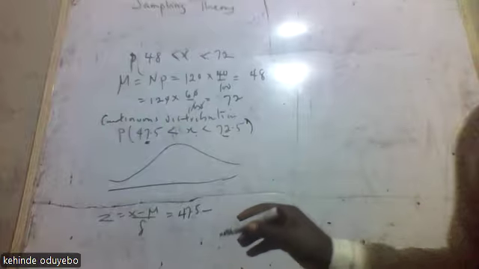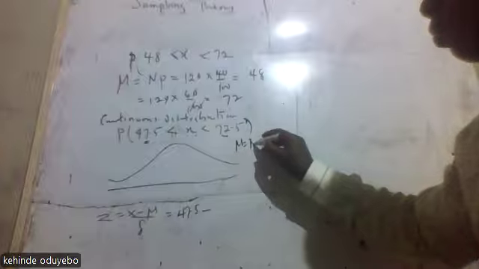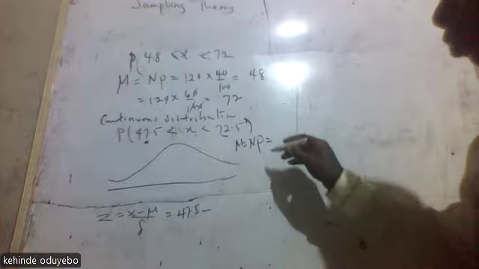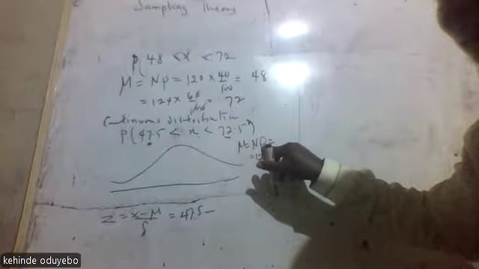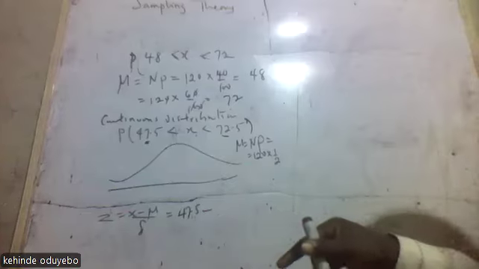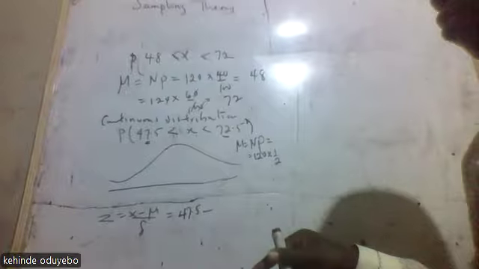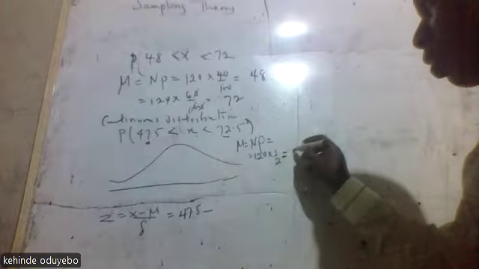Mean is NP, success and failure. This is 120 times 1 over 2. Don't confuse this P with the X; this P represents your success and your failure. So this one is 60, right?